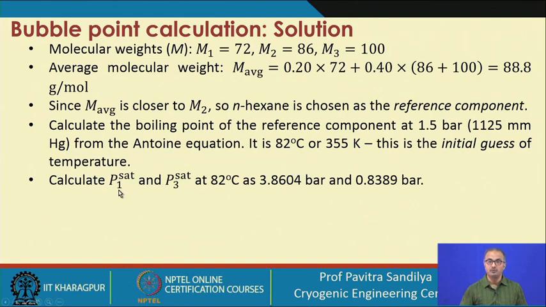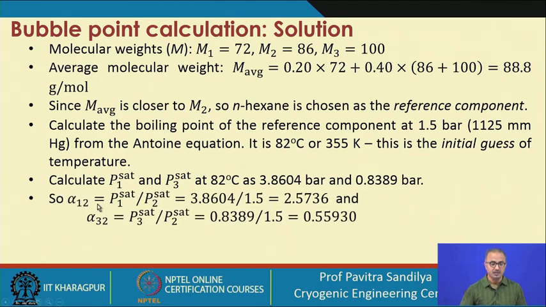Now, we find the vapor pressures of the other two components at this particular temperature, again from the Antoine equation, and we get these two values respectively. Here we now find the relative volatility, because in the problem we have been told that we may assume it to be an ideal solution.